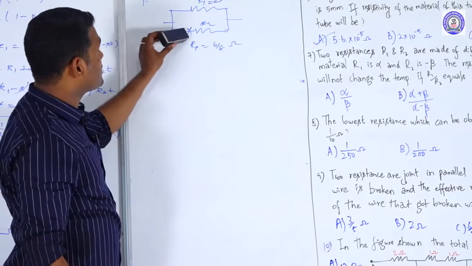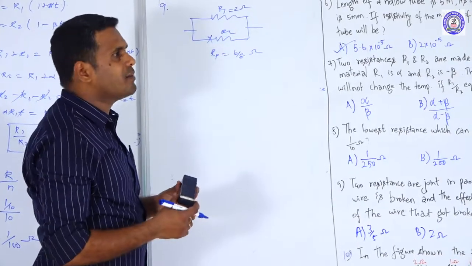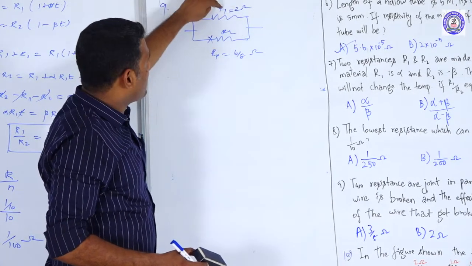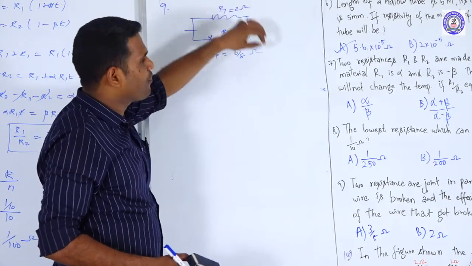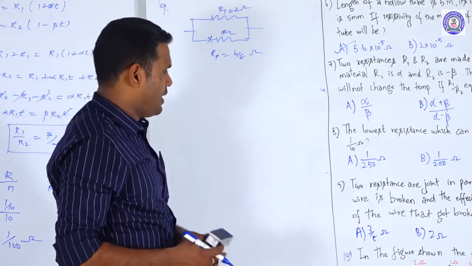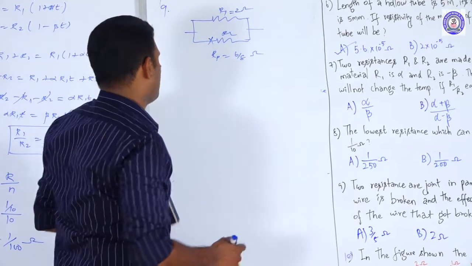If one of the resistances is broken, the effective resistance becomes 2 ohm. What does that mean? If this resistance does not exist, the effective resistance is 2 ohm, which means this resistance has a value 2 ohm. Now what is the resistance of the broken wire?